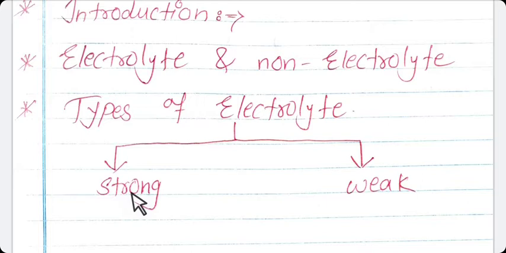And strong electrolytes are electrolytes ionizing completely or almost completely, means they give completely ions in their aqueous solution when they dissolve in water.